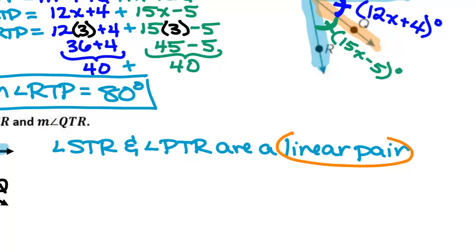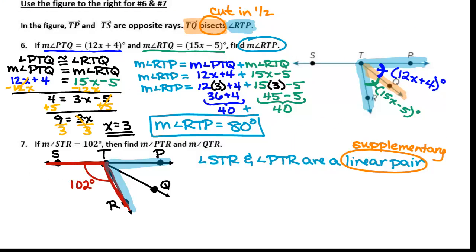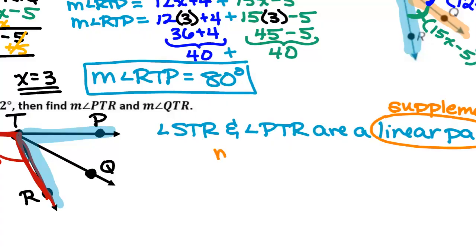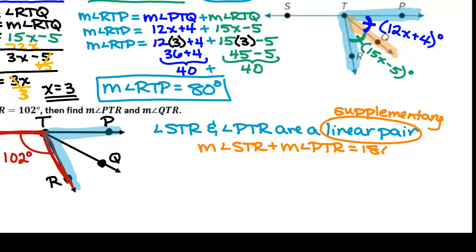What's the relationship between linear pair angles? They add to 180 degrees. These are supplementary angles. So the measurement of angle STR plus the measurement of angle PTR is equal to 180.